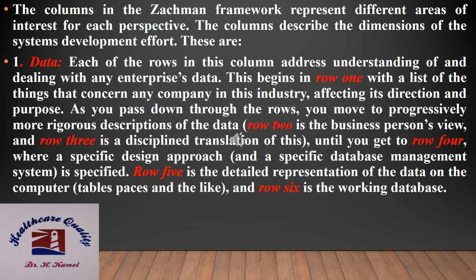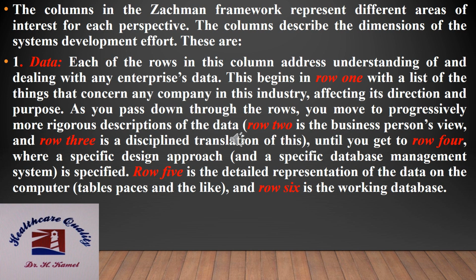This begins in row 1 with a list of the things that concern any company in the industry, affecting its direction and purpose. As you pass down through the rows, you move to progressively more rigorous descriptions of the data.